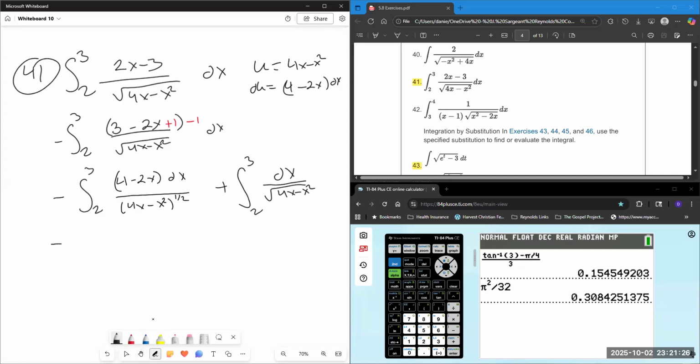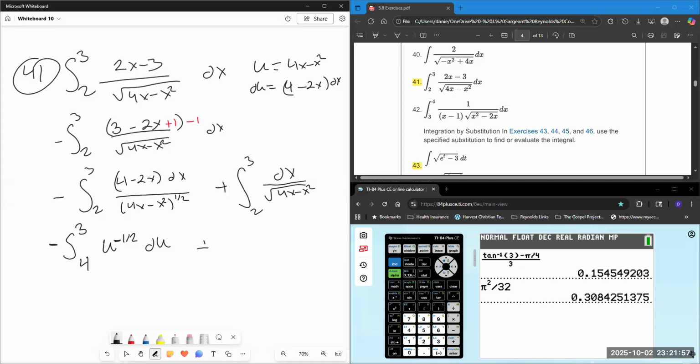So this is a negative integral 2 to 3 of, let's say here, u. We already did u up here. So negative, and then u is 8 minus 4 is 4, 12 minus 9 is 3. This is u to the negative 1/2 du.